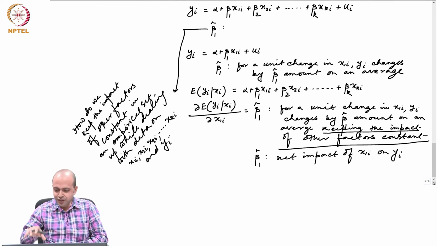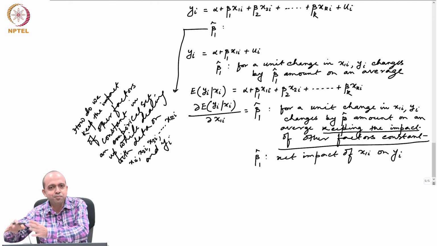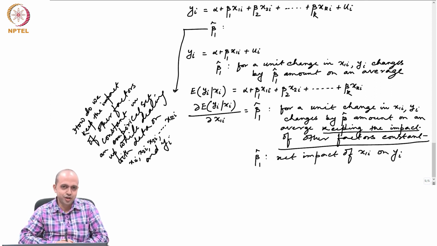So, even though the interpretation looks very simple theoretically, empirically it is very challenging, because unless you keep the impact of other factors constant, it is really difficult to get the net impact of this.